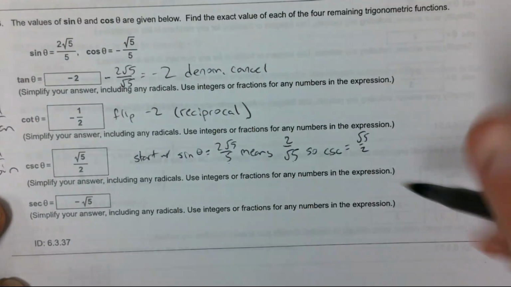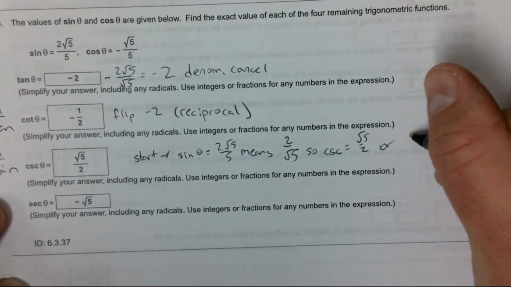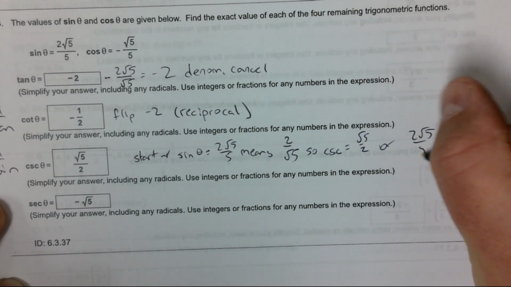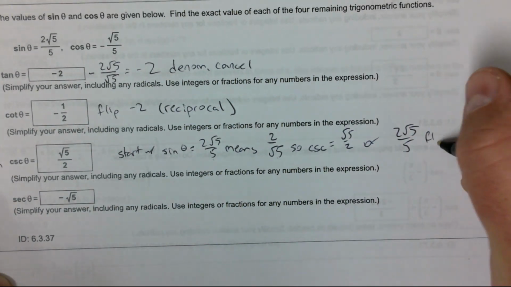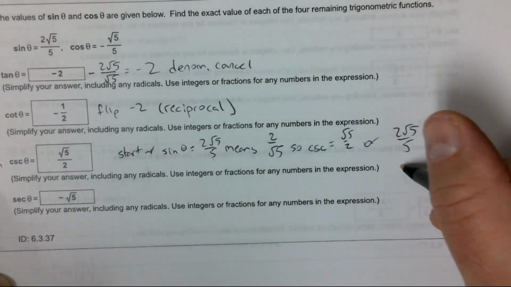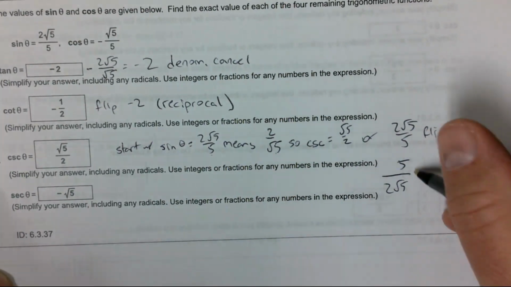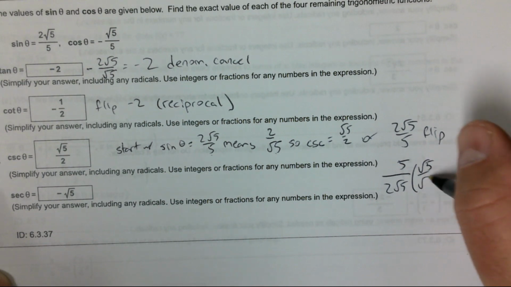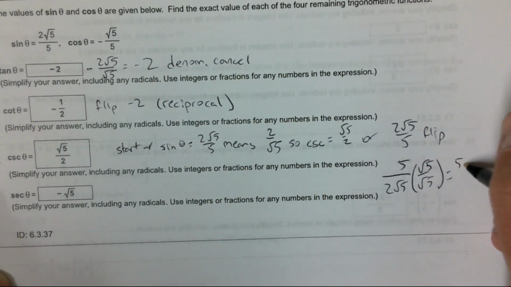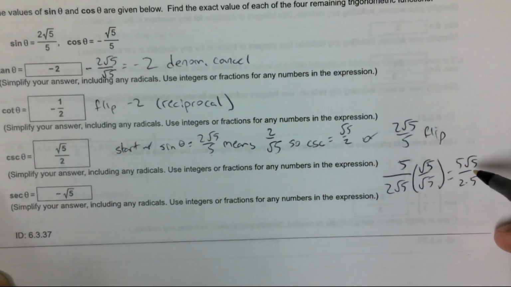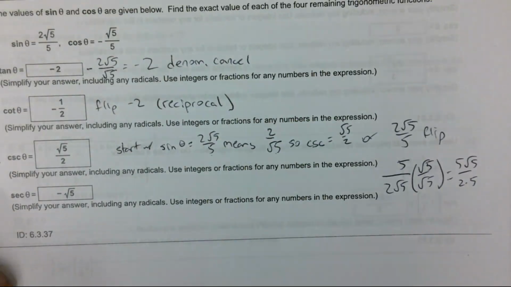The other way is if you start with 2 square root of 5 over 5 and want to flip that, that's 5 over 2 square root of 5. Then you're going to want to rationalize that. So you get 5 square root of 5 over 2 times 5. And then you can either make that 10 or just cancel your 5s.